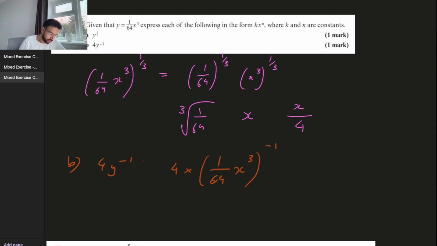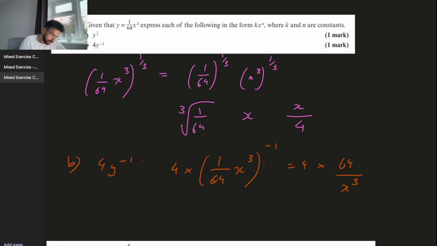So what we've got to do is write this as 4 times 64 times x cubed. Okay, so all I've done is I've flipped both of the numbers. So 64 has gone to the top and x cubed has gone to the bottom of the fraction because it's now going to be x to the minus 3.